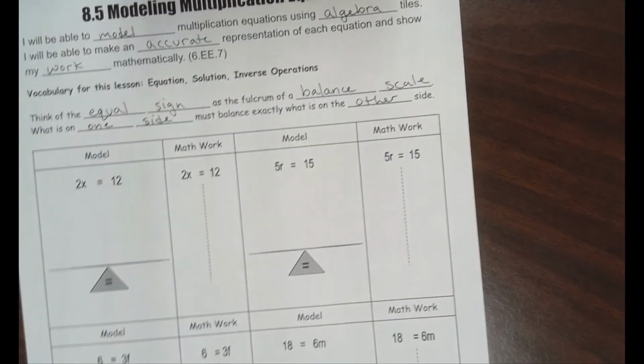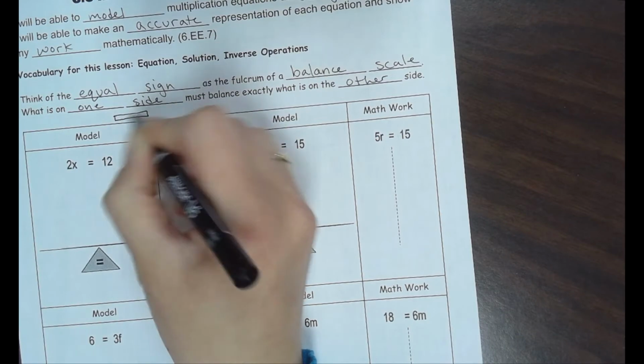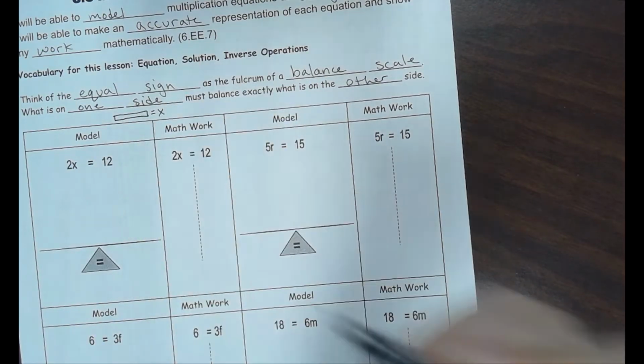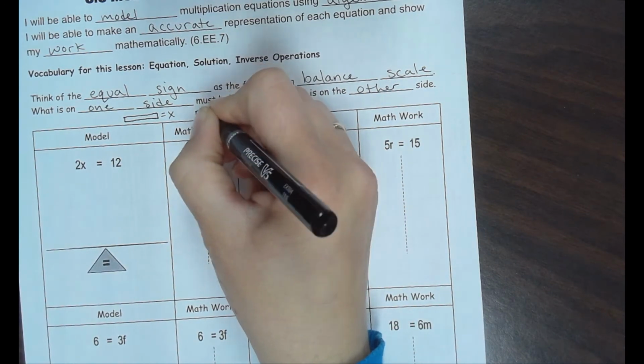Okay? Just a reminder, we use long rectangles to represent the variables. I'm going to use x, but it could be any letter. And we use little squares to represent 1.